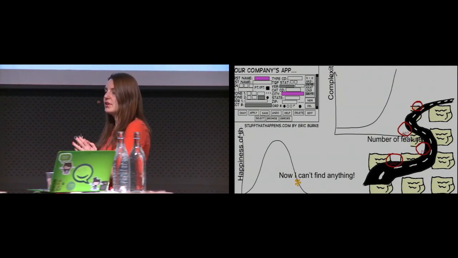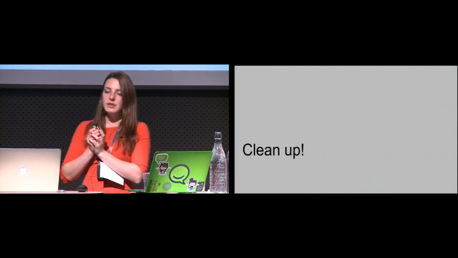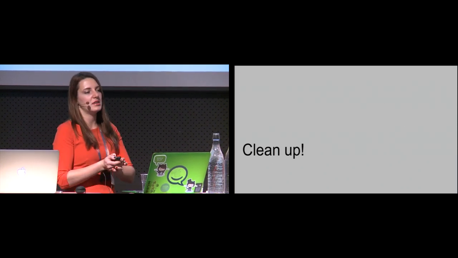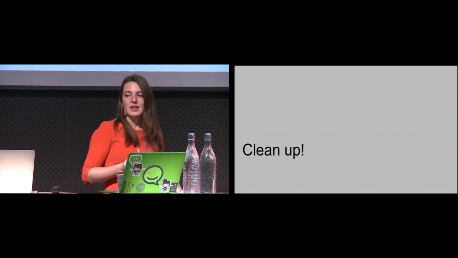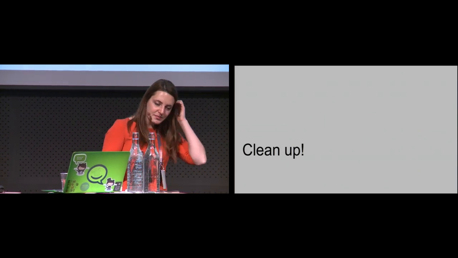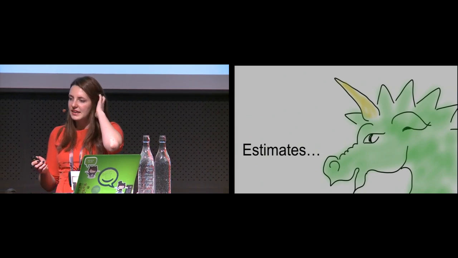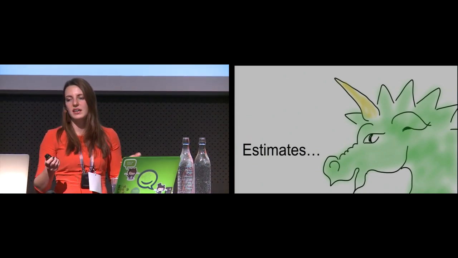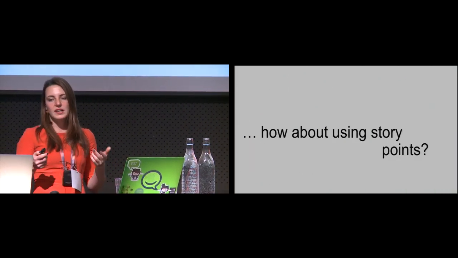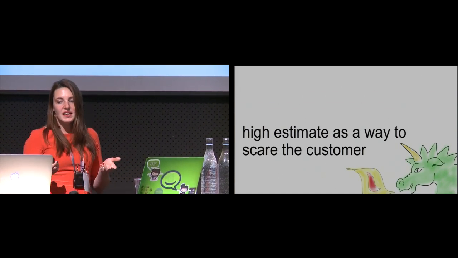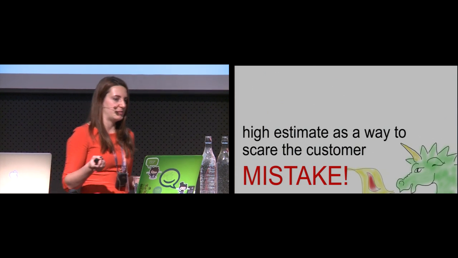Okay, so moving forward. What can we do in order to clean it up? There are a few ideas. Some are better, some are maybe worse. People tend to think that if we have estimates and story points, we can give the estimates to the customers and the customer will be afraid.